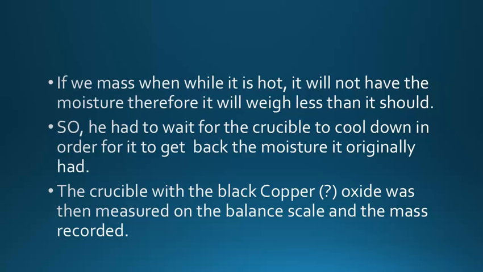The general rule of thumb is, if you can hold it comfortably in the palm of your hand, it is now cool enough to measure on the balance scale. So the crucible with the black copper oxide was then measured on the balance scale and the mass recorded.